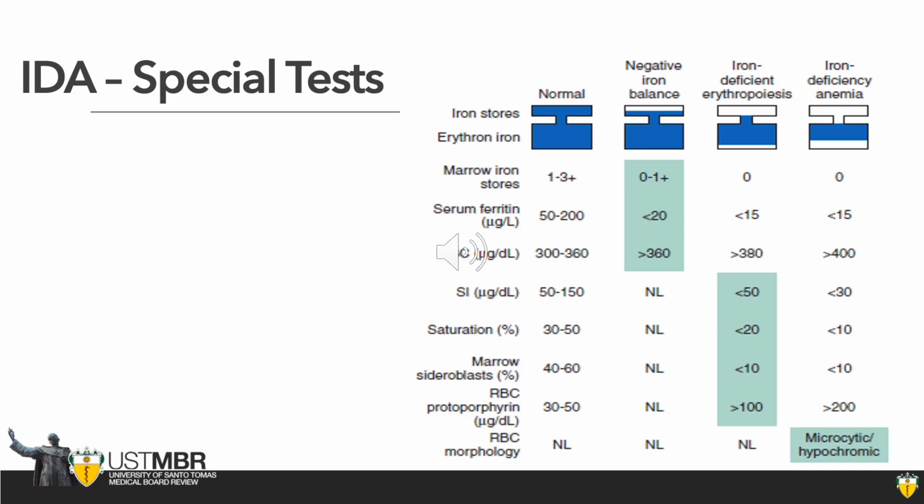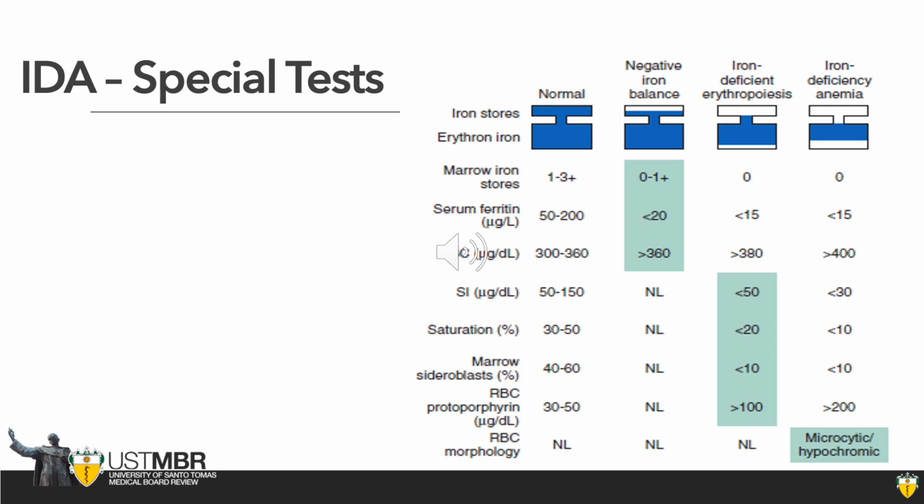So it is characterized by non-detectable bone marrow iron. You have a serum ferritin which is less than 15, a higher TIBC, and then you have your low serum iron. The TSAT is also low, less than 20%, and you may have a normal RBC morphology.